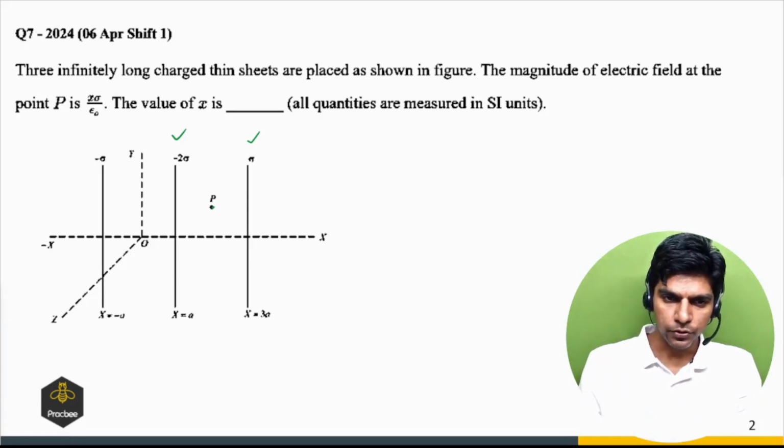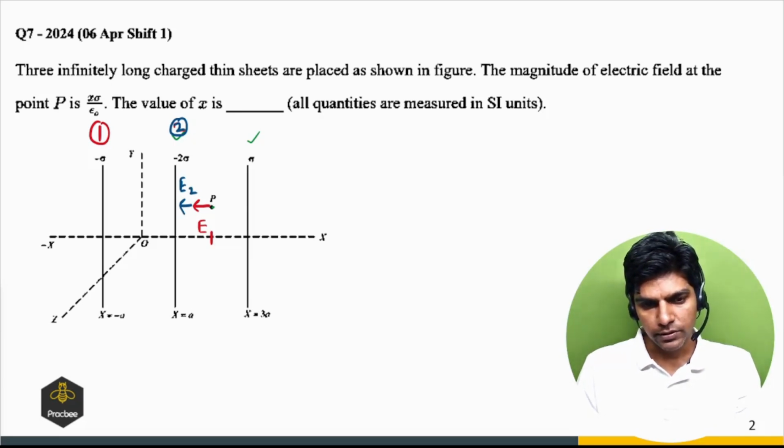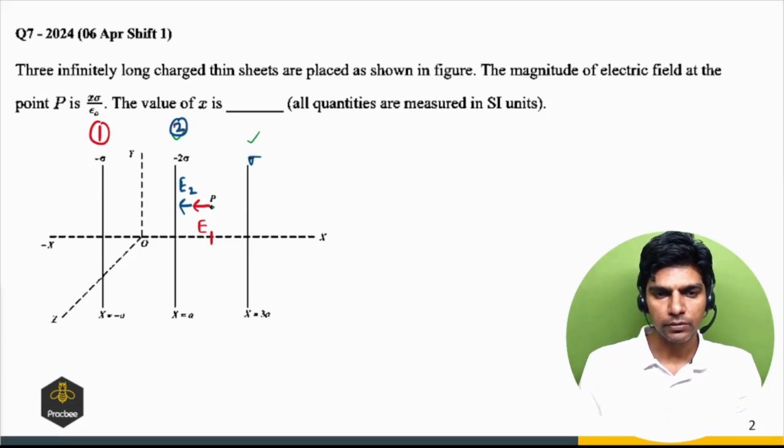Now due to sheet 1, it is having negative charge, so the field will be in the left direction, so that will be E1. And due to the second sheet, let me take it as blue, the field is again negative, so it will be in the left direction, that will be E2. And due to the third sheet, it is given as sigma, take it as 3, so it will be away.